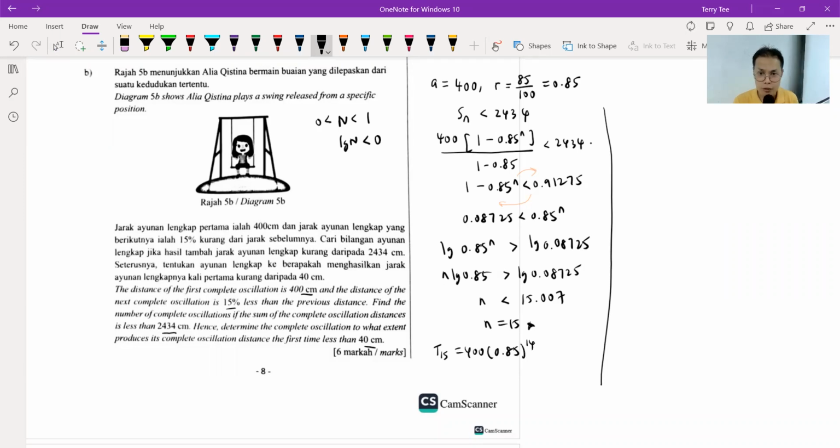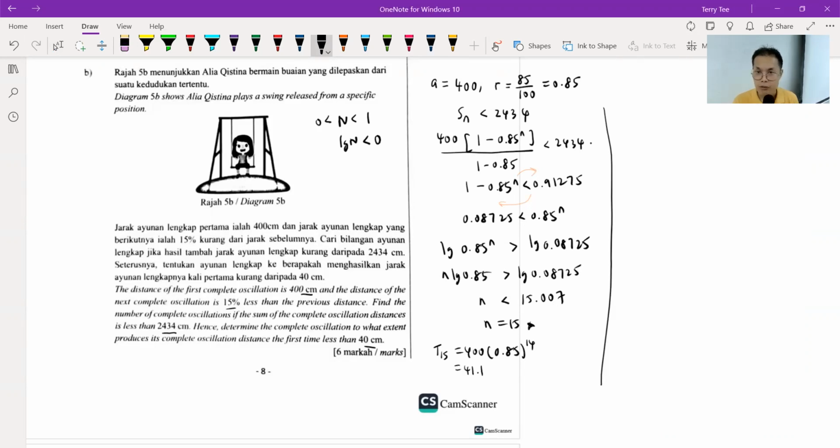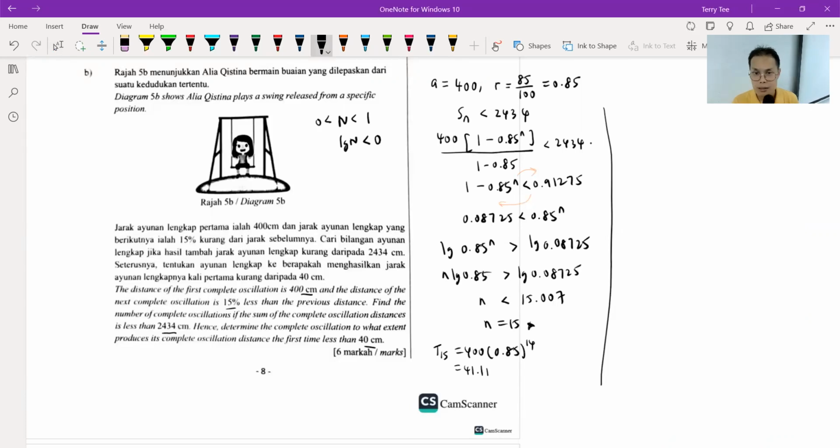So 400 times 0.85 to the power 14. What do you get? 41.11. So this is still not less than 40, so it's not the first oscillation that is less than 40.